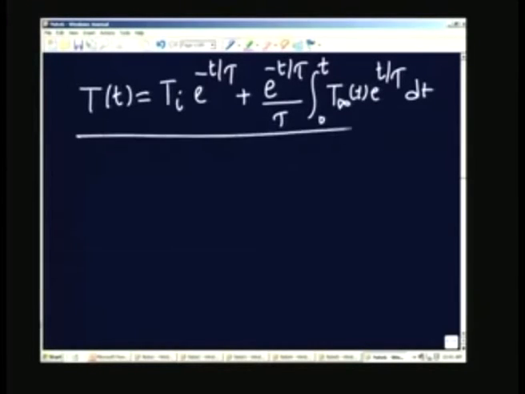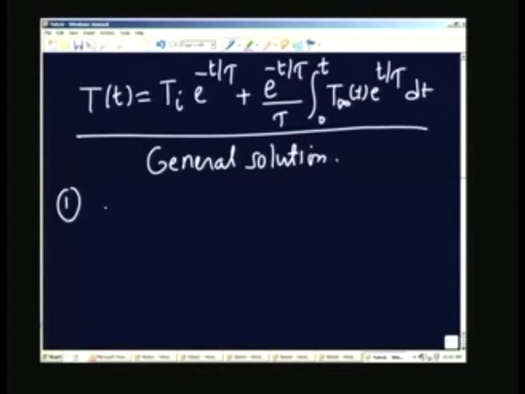This is the general solution, and in fact I can use this as the starting point to write down the solutions for all the three different cases we are going to consider. The three different cases, if you recall, one will be a step input.